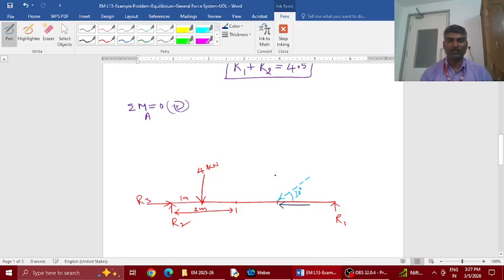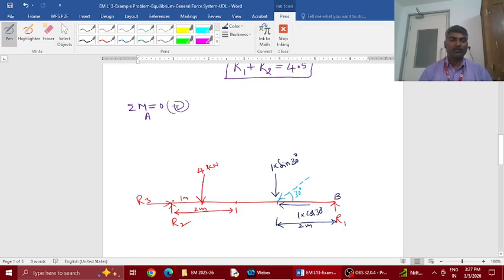So now you have a horizontal and a vertical component, 1 into sin 30, 1 into cos 30. This distance is 2 meters from the right end, from B.